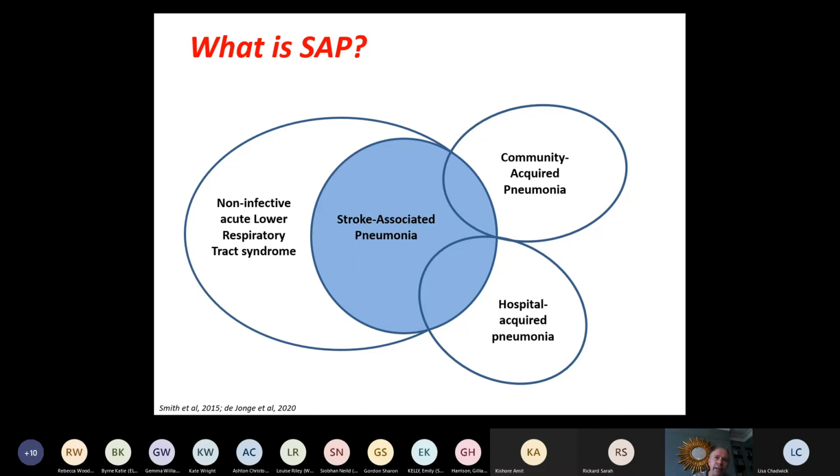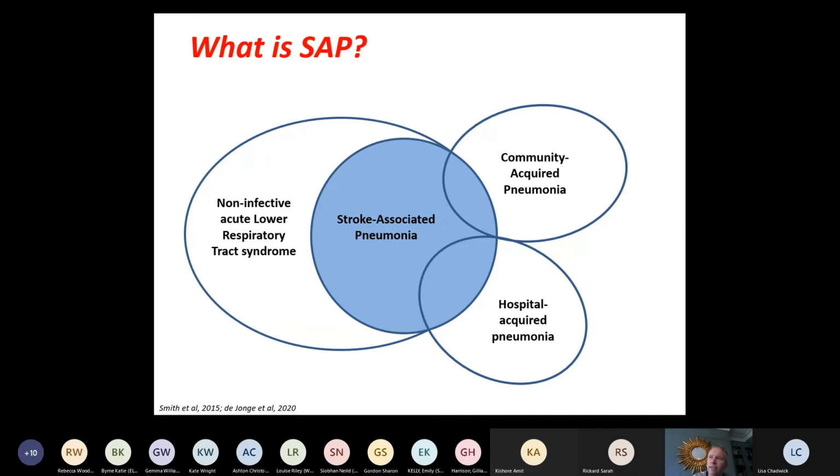And a recent study where they scanned people's chests on admission along with their brain and with CT angiography showed that around 15% of acute stroke admissions had consolidation, i.e. changes of pneumonia, at least radiologically, on CT of the chest, even when they were admitted, whether they were symptomatic with pneumonia or not. So we know for sure that pneumonia and infection within the lungs can occur before the stroke. So that means that some stroke-associated pneumonia, which is manifesting at, say, day 2 or day 3 after the stroke, could actually just be community-acquired pneumonia.